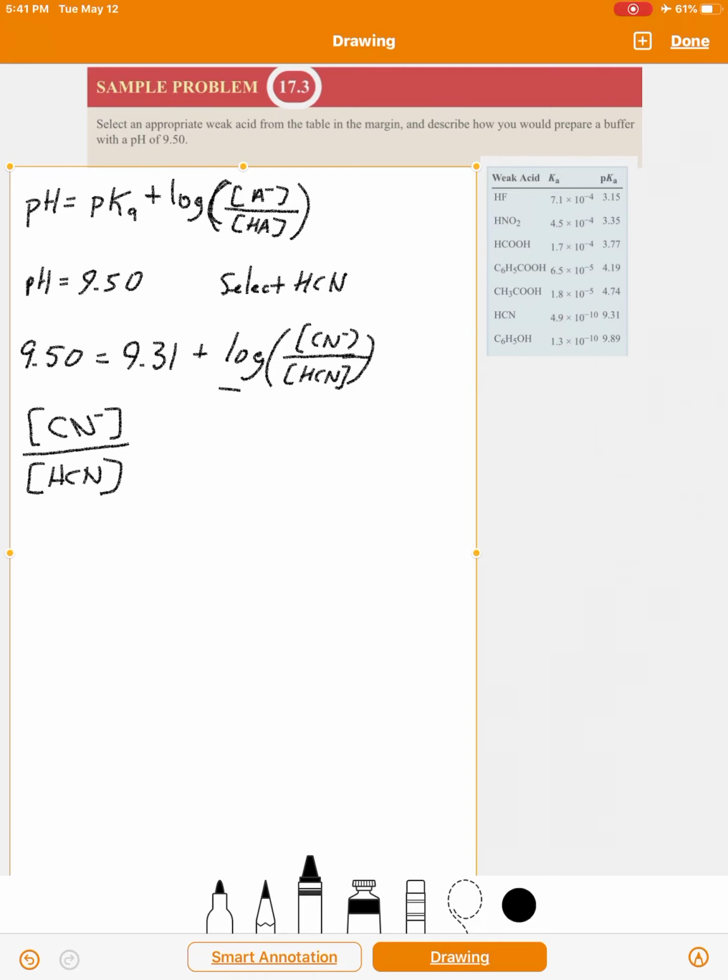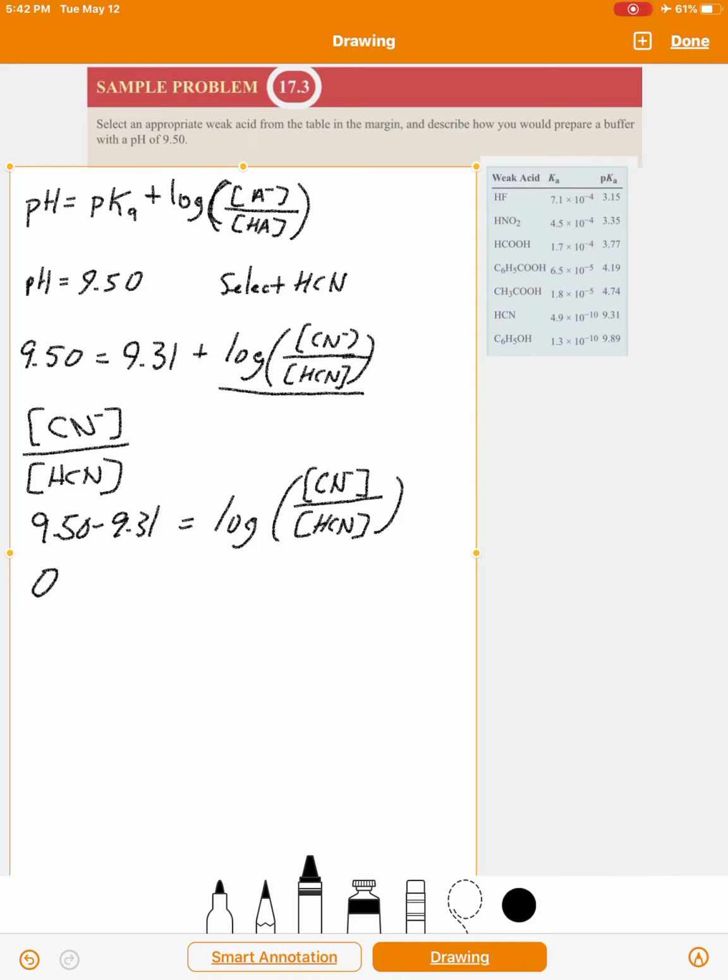We're trying to get this term over here isolated by itself. So we're going to subtract the 9.31 from both sides. And that would give us the log of this ratio. Okay, well that's 0.19.